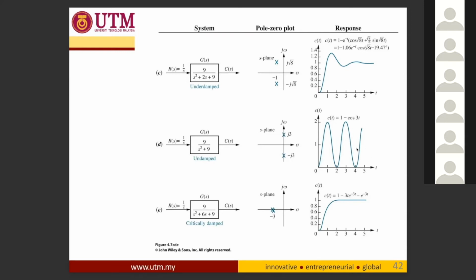oscillate until infinity. And the fourth one is critically damped, where the location of the poles here is negative and overlap each other. Okay, the poles overlap each other, negative and overlap each other.